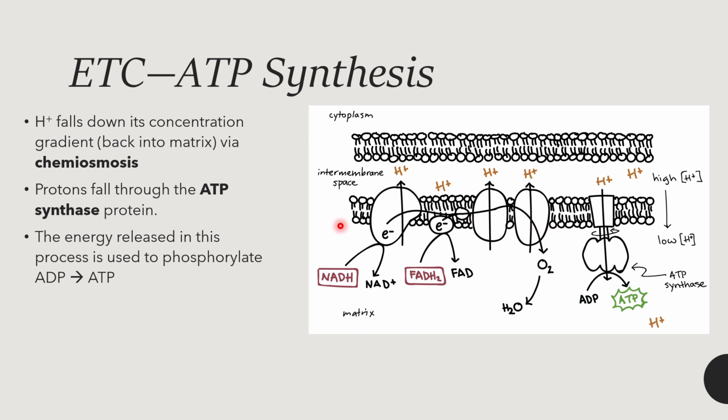As we move down this electron transport chain, we are going to use the energy that comes off from these transfers to pump protons into the intermembrane space against their concentration gradient, creating this potential energy. When this potential energy is released by protons falling back down into the matrix, that release of energy is harnessed in phosphorylating this molecule of ADP to make our ATP.